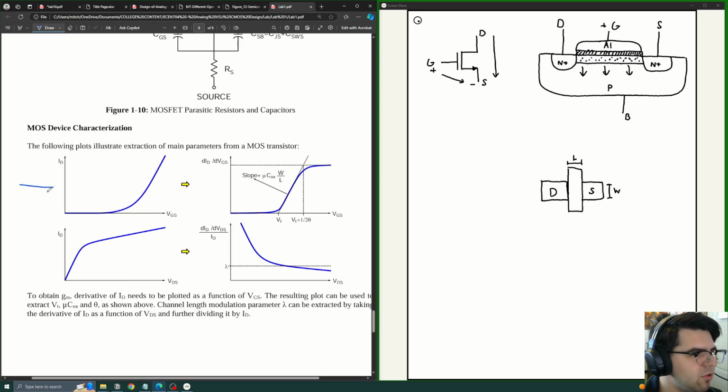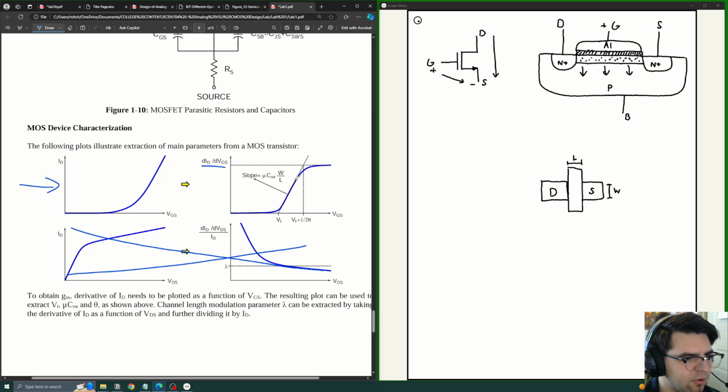Just look at these two plots up here, don't worry about this one down here. You have the same drain current versus the gate to source voltage, and then when you take the derivative of it, you end up getting this curve right here, where this tangent line occurs at the max of the second derivative, d squared over d.